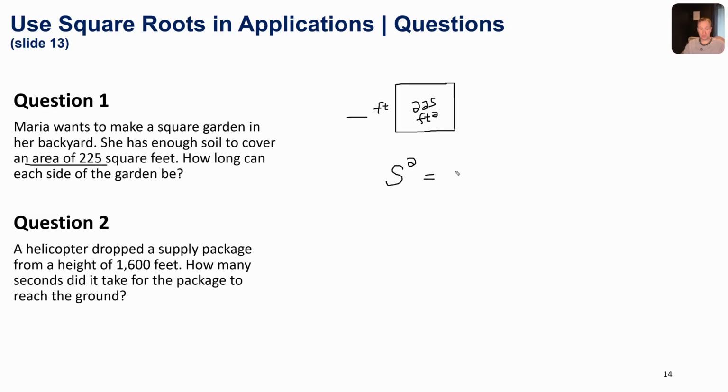is equal to 225. Now to actually solve this equation, you would take the square root of s squared and you would take the square root of 225. And once you took the square root of each of these sides, you would get s is equal to 15.